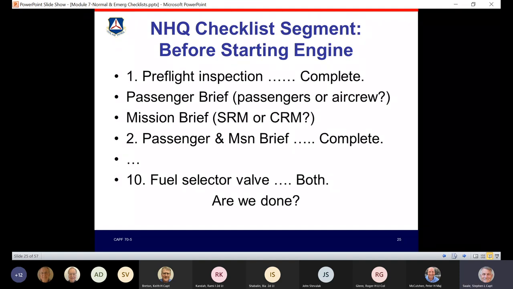One reason is that it starts out by enunciating that the previous check, the pre-flight inspection, is complete. And you'll also see that item 2, after a number of sub-items are done, then the passenger and mission brief is also enunciated as complete. So it's one of those bookend things, which I happen to like, which says it's the mnemonic that makes you declare that that segment is done and now we can move forward as long as everybody agrees with you.